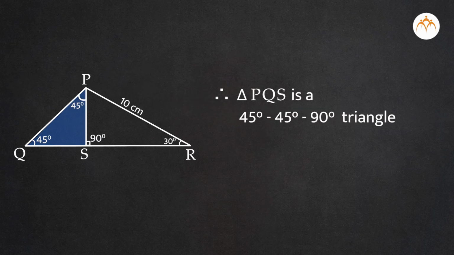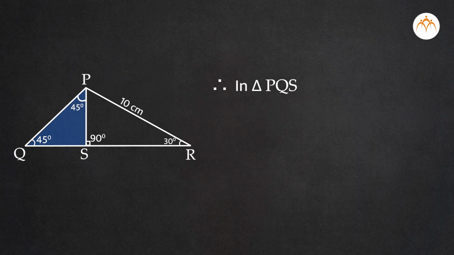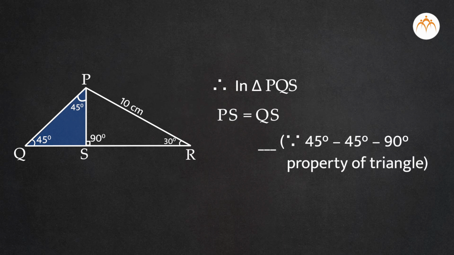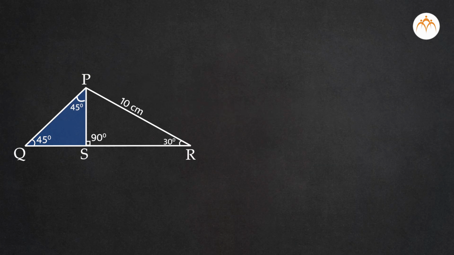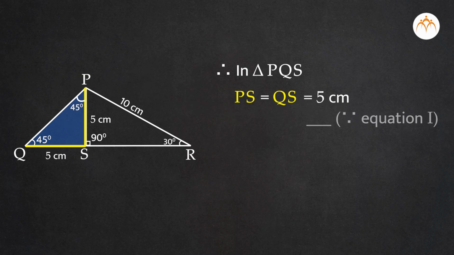Therefore, triangle PQS is a 45-45-90 degree triangle. Therefore, in triangle PQS, PS is equal to QS because of the 45-45-90 degree property of triangle. Therefore, PS is equal to QS is equal to 5 centimeter.